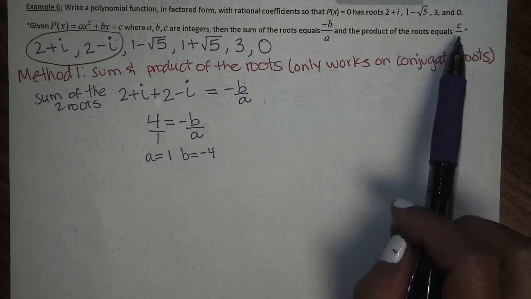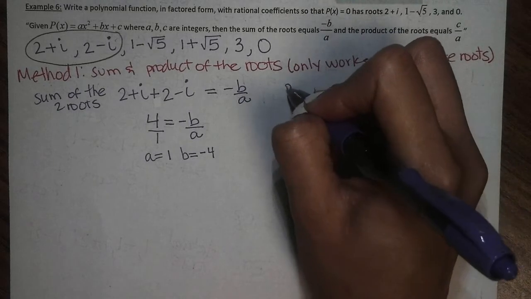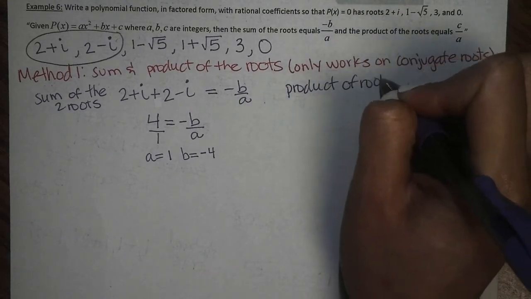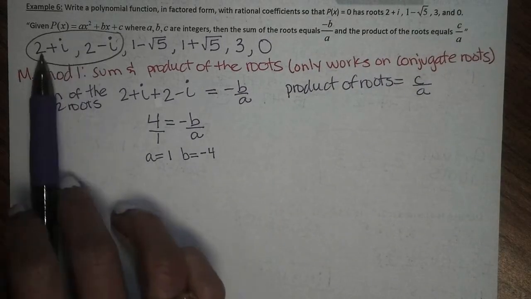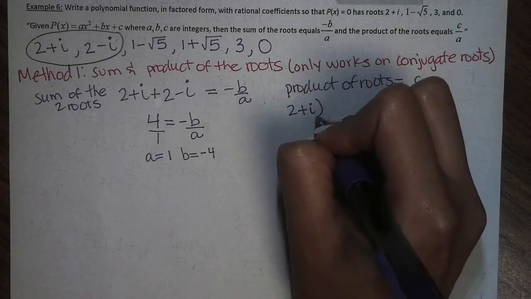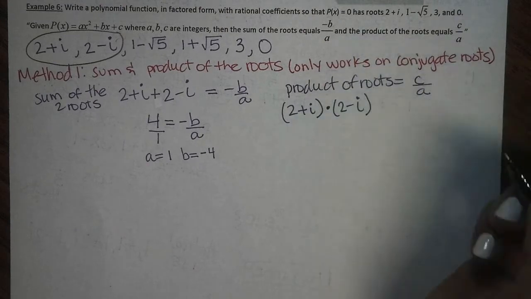So let's go ahead and find c by doing the product of the roots equals c over a. So again, you need to take your conjugate roots, so 2 plus i, and multiply it by 2 minus i.